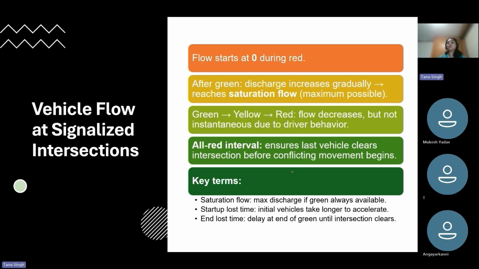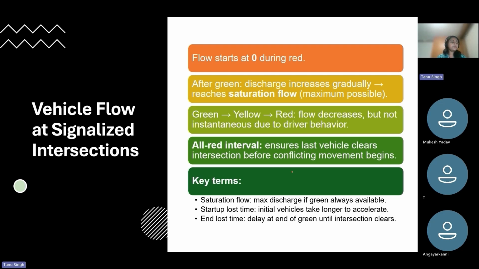Then from green when it turns to yellow, and then to red, flow decreases, but not instantaneously, due to driver behavior. Then the all-red interval occurs when all the legs of the intersection have a red signal. This ensures that the last vehicle clears the intersection before conflicting movement begins.